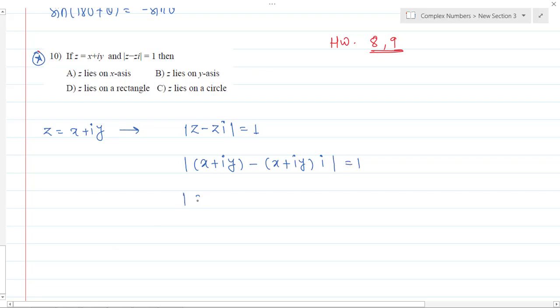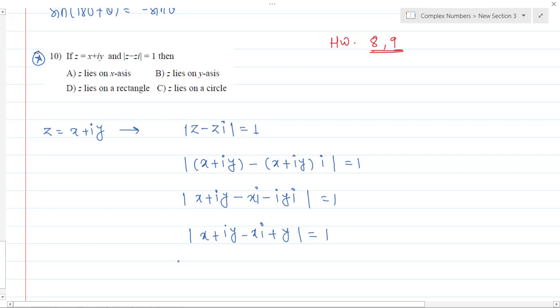Let's open this. So x plus iy minus xi, and minus I square y, mod equals 1. You see here I into I becomes I square, and I square is minus 1, so minus minus plus y, mod equals 1.